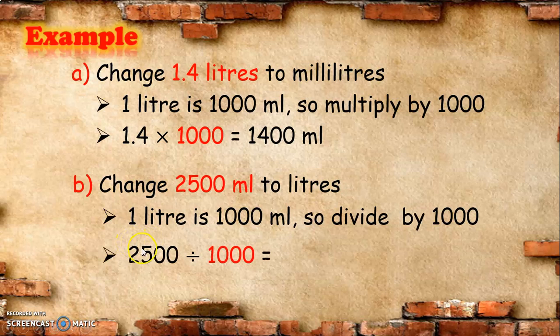So we have now 2,500 divided by 1,000 is equal to 2.5 liters. In other words, 2,500 ml is equal to 2.5 liters. The same thing here, that 1.4 liters is equal to 1,400 ml.